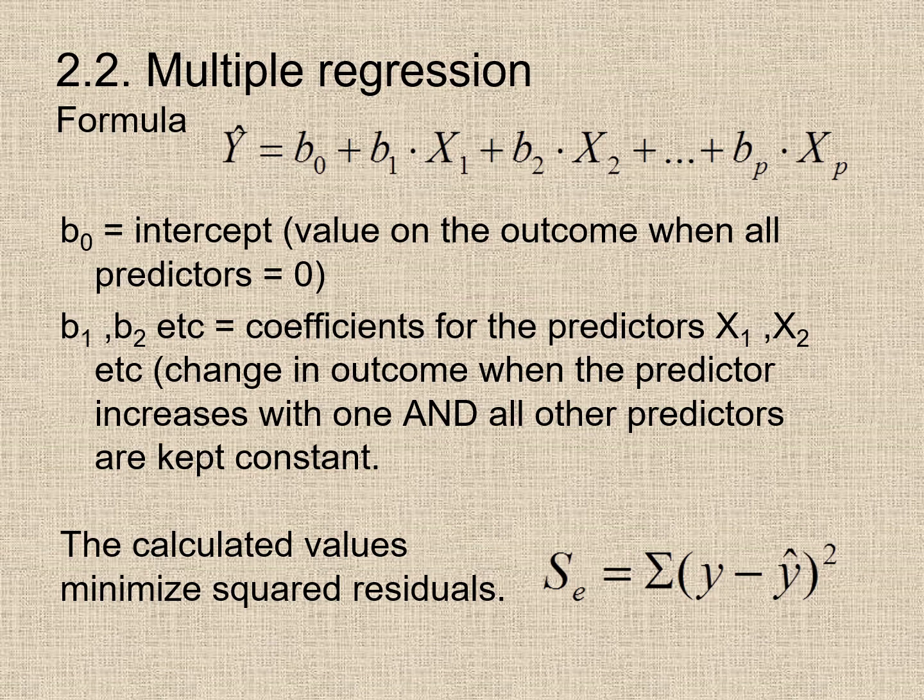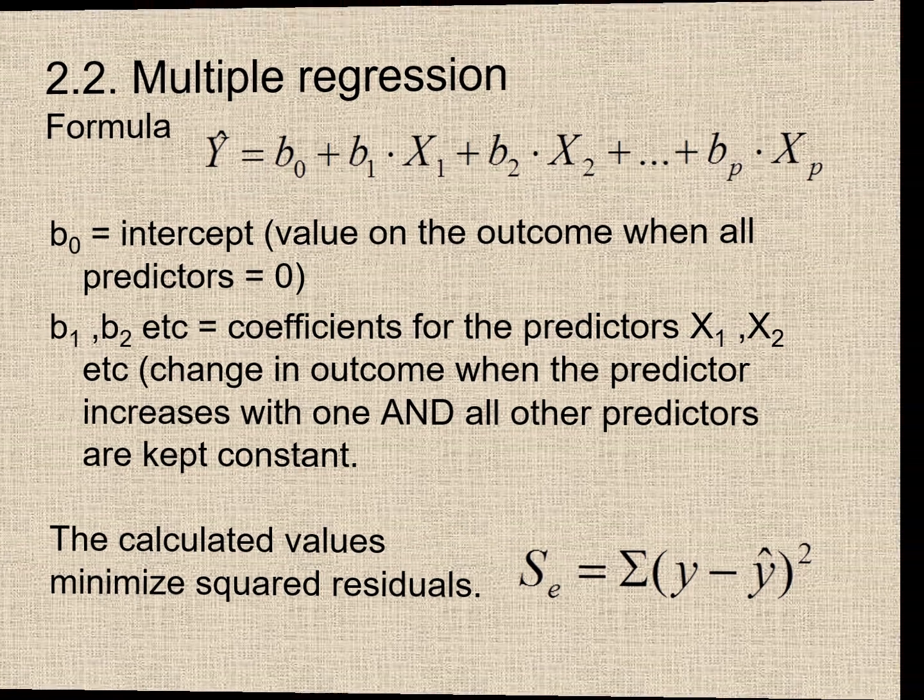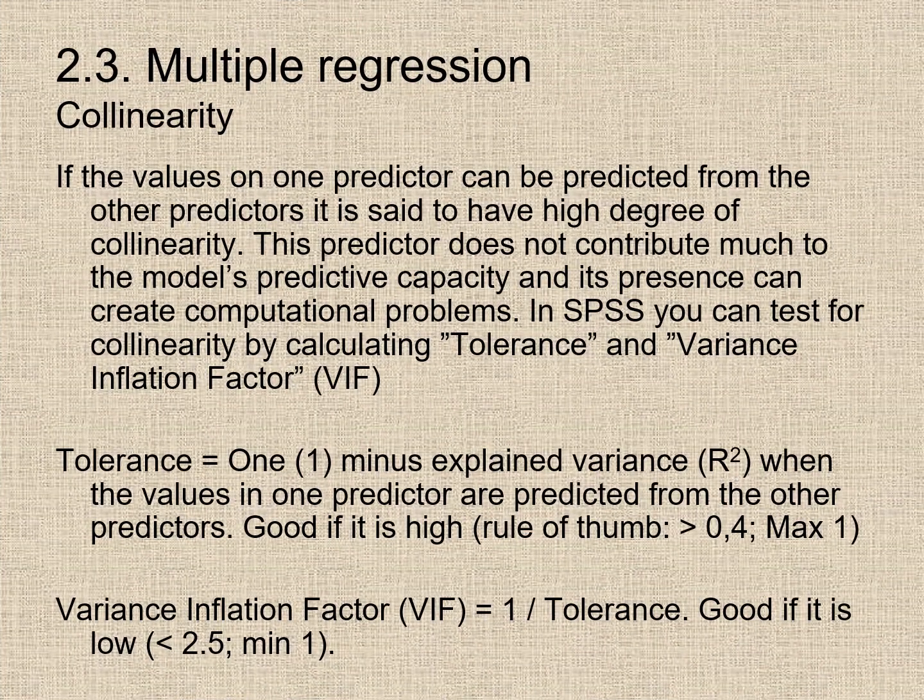One thing we might get trouble with in multiple regression is something called collinearity. Because we're going to calculate the unique association between each independent variable and the dependent, we want there to be some kind of unique association. And that might not be the case.